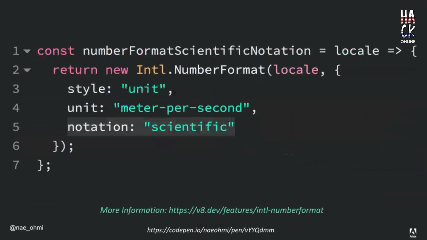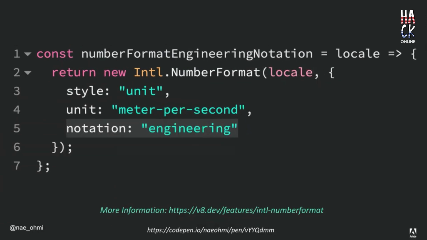Another exciting addition to the Intl object number format tool is notation scientific. And here's just a simple example where we can pass style as unit and unit as meter per second. And again, this is so important. Instead of hard coding our scientific notation, we can also pass the notation as engineering.